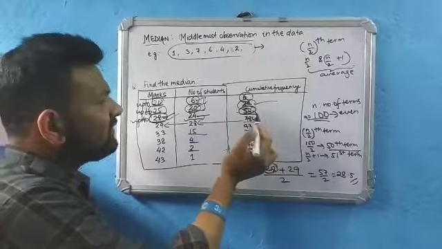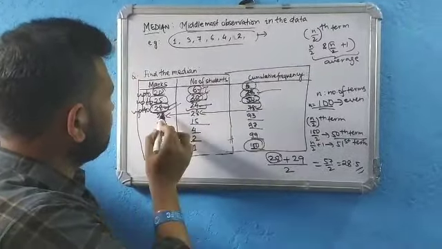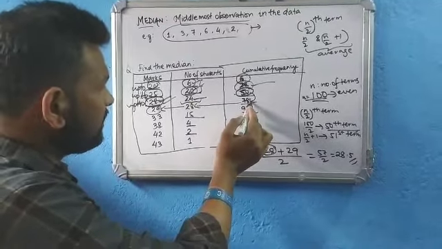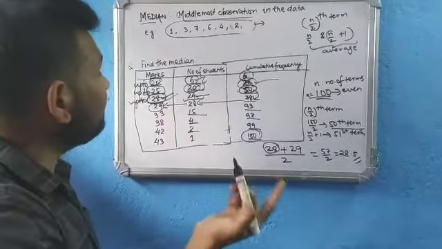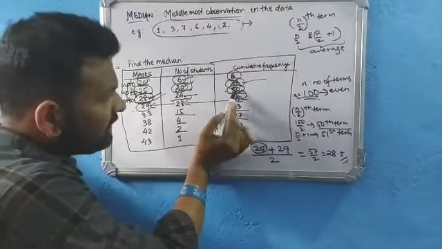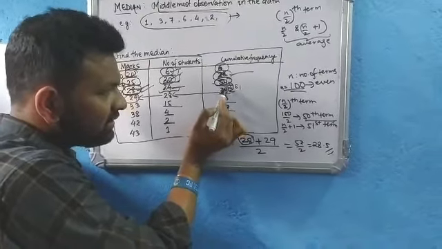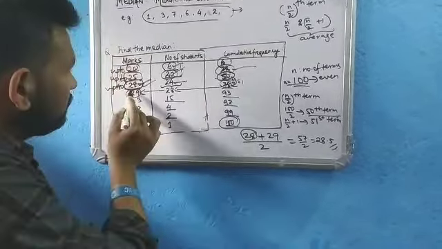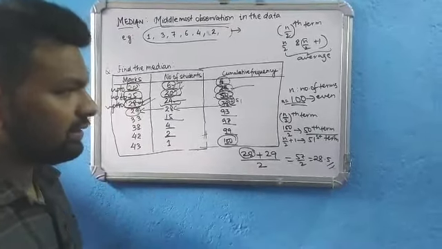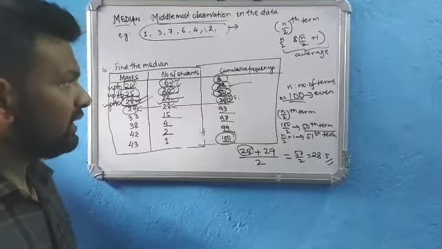N by 2 plus 1, that is the 51st term, will obviously be the next term. Because 78 students have scored up to 29, from 50 to 78, the 51st will lie in this range only. So 28 plus 29 gives you 57 by 2, which is 28.5. So this is how you calculate the median.